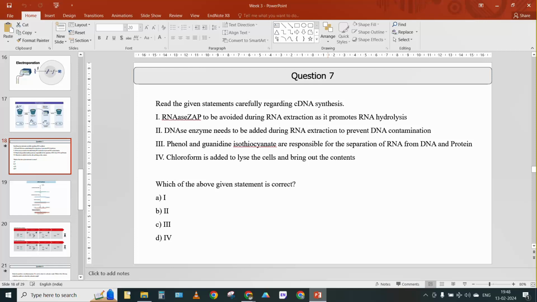Statement 3 states that phenol and guanidine isothiocyanate are responsible for the separation of RNA from DNA and protein. And statement 4 states that chloroform is added to lyse the cells and bring out the contents. Which of the above given statements is correct? Either 1, 2, 3, or 4.